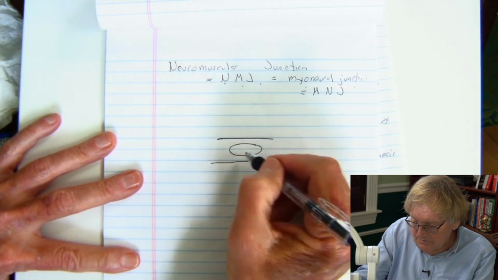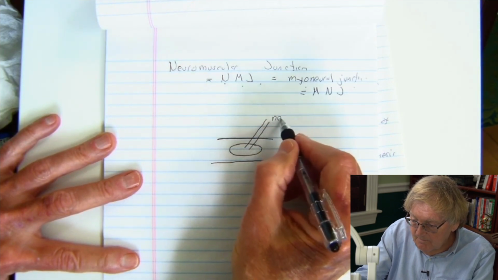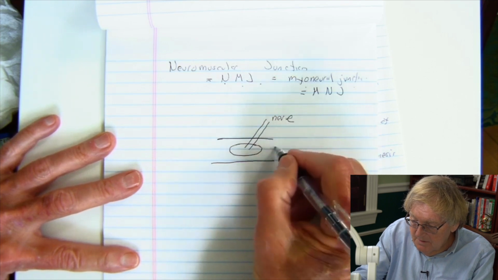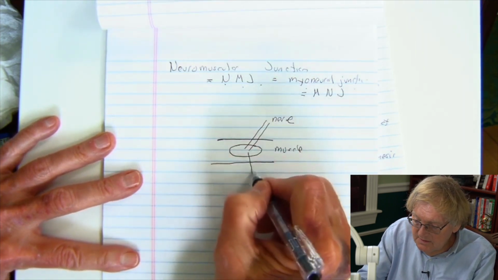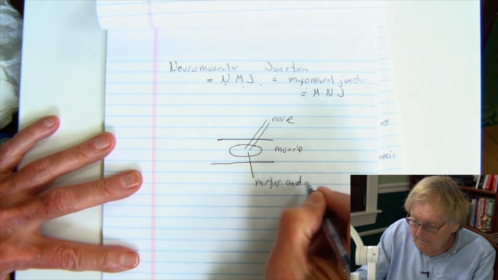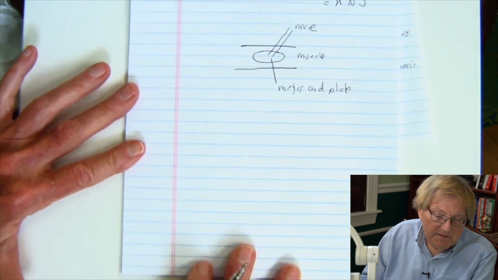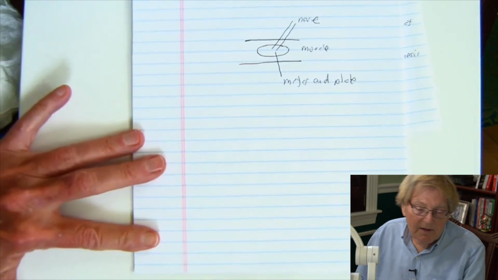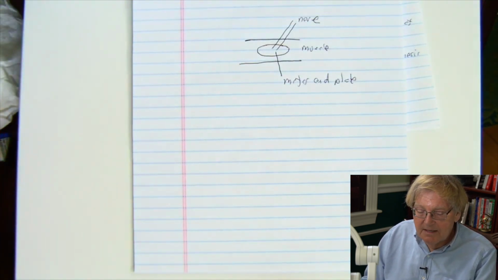So let's just real simply say, here's a nerve coming down, and this is a muscle. And where it attaches is going to be called a motor end plate. And the simple way to understand this is to ask, how do I make this really understandable and not complicated?